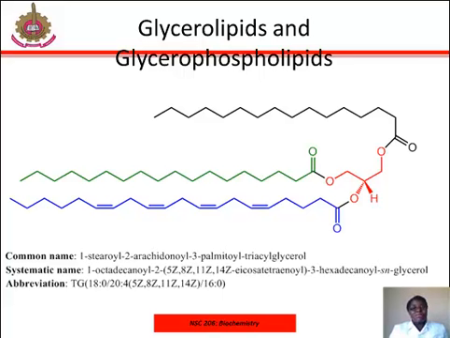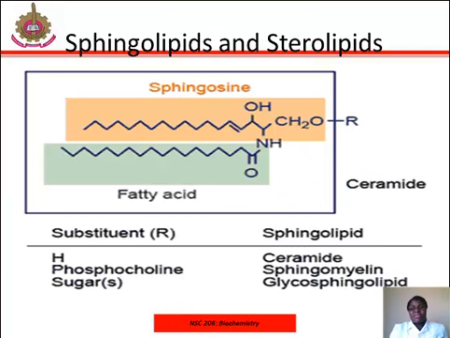Glycerophospholipids, usually referred to as phospholipids, are ubiquitous in nature and are key components of the lipid bilayer of cells, as well as being involved in metabolism and cell signaling.